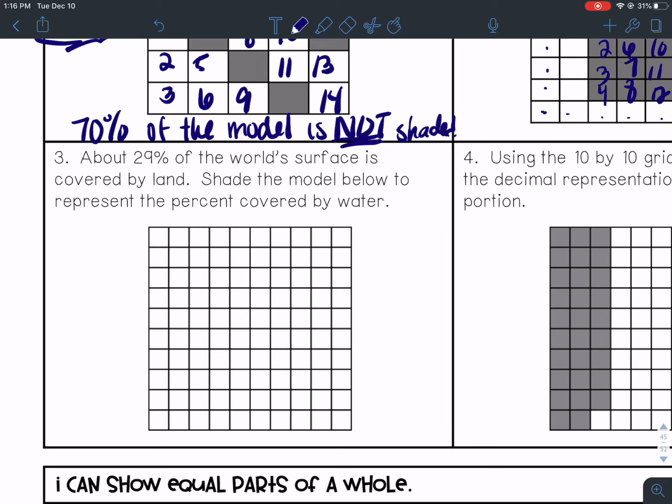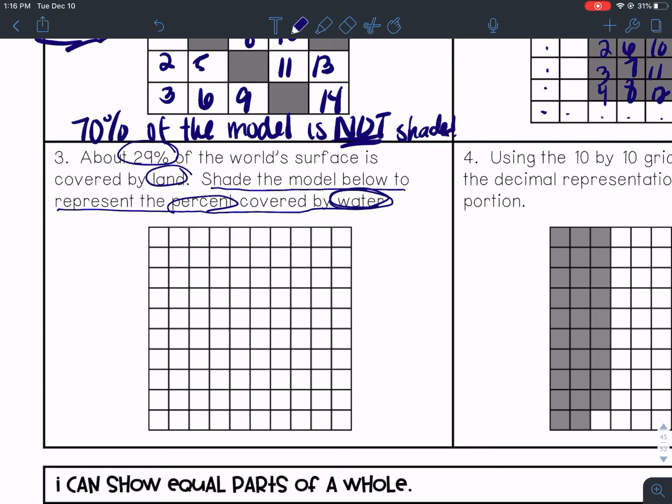So about 29% of the world's surface is covered by land. Shade the model below to represent the percent covered by water. I want to know how much is covered by water. Well, there's 100 in this grid, right? It's a 10 by 10 grid, so there's 100 of them.